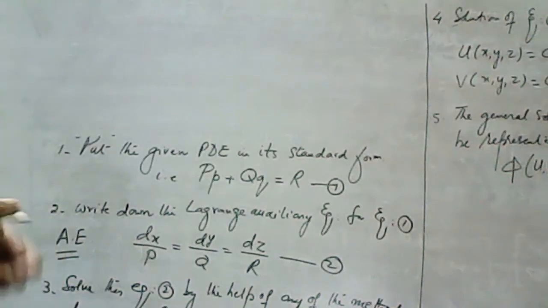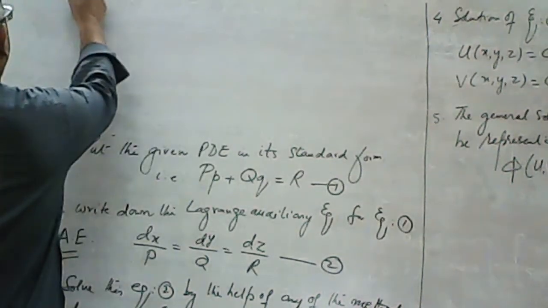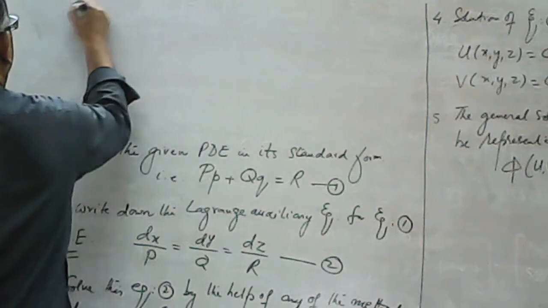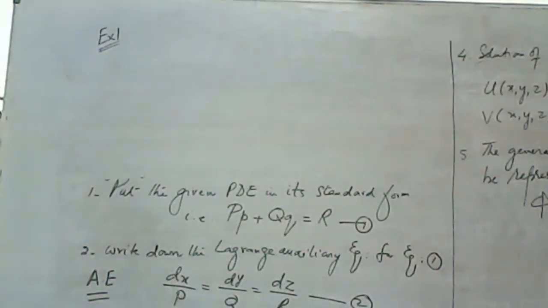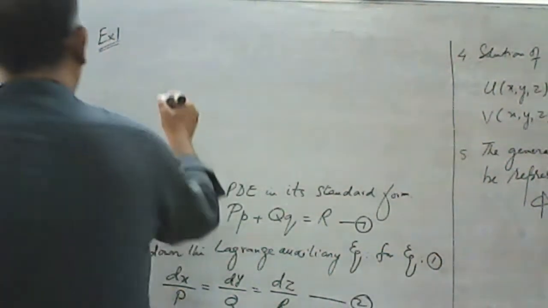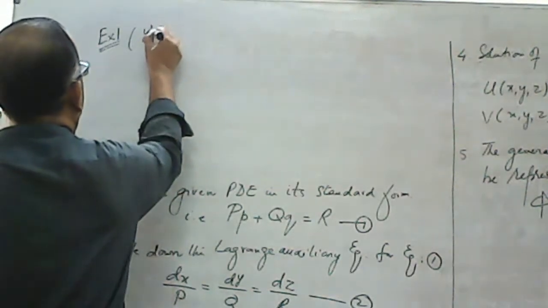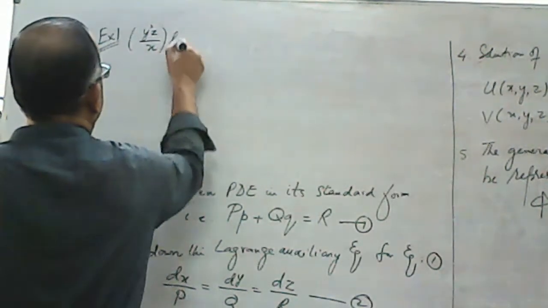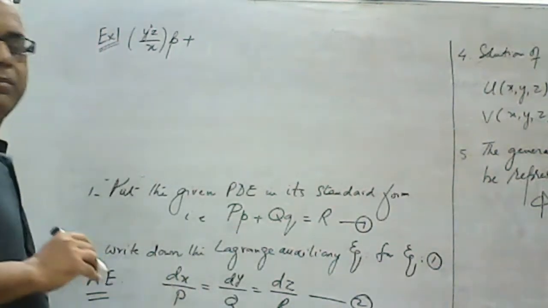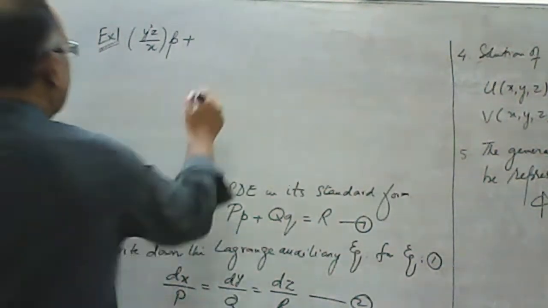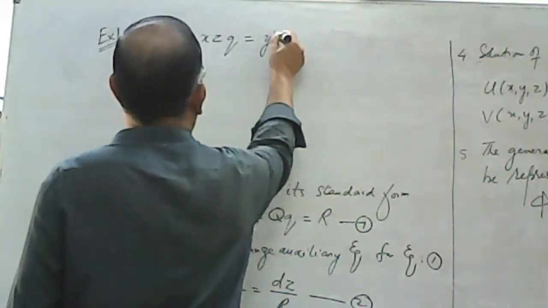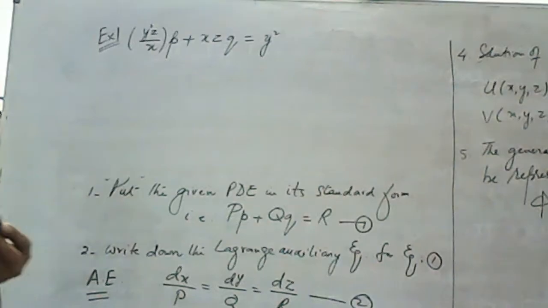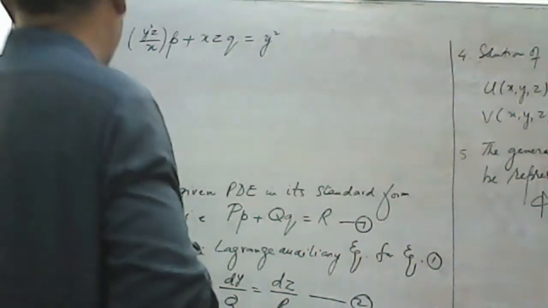This is example number 1: y square z upon x into p plus x z q is equal to y square.